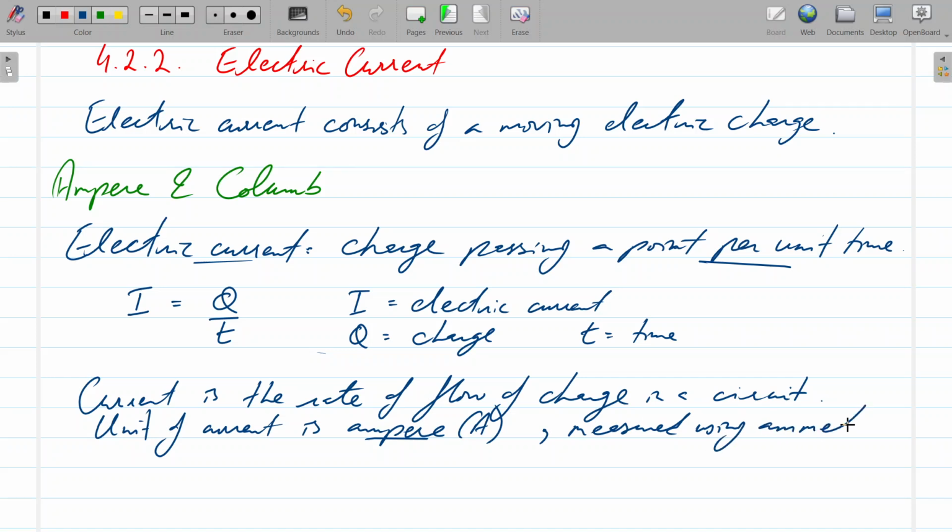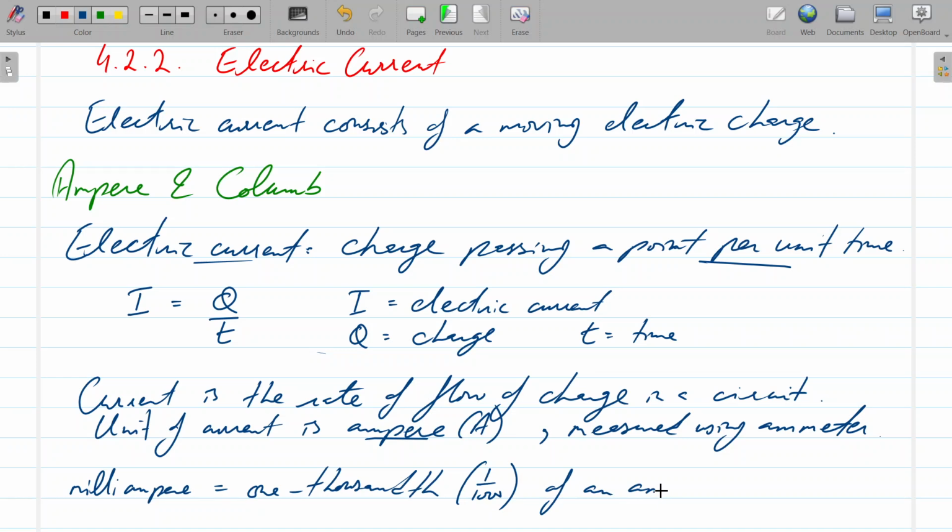And just for context, a milliampere. So milli is 1000, that's 1 over 1000 of a full ampere.